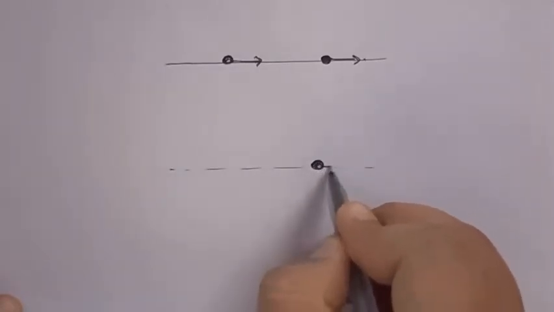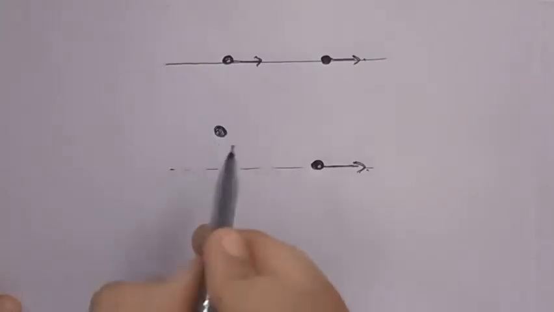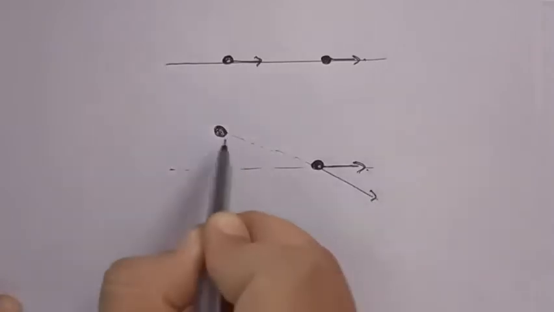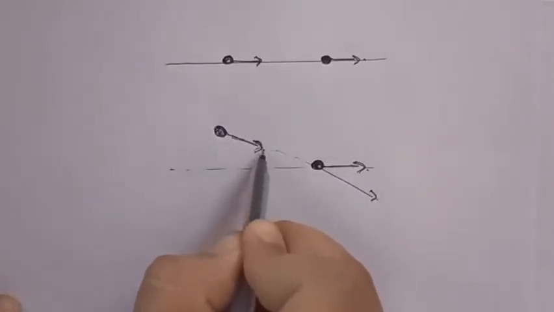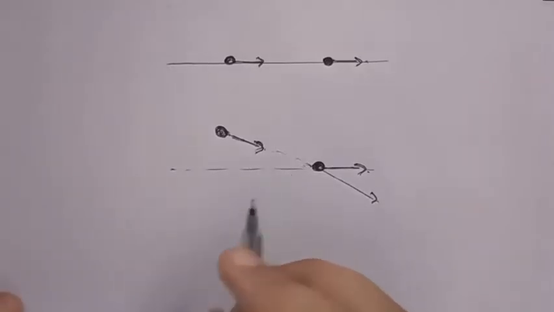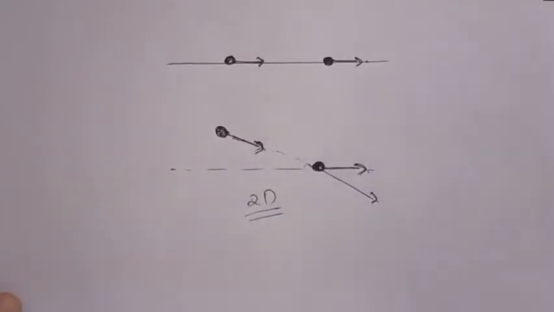Let's say this is one body, it is moving along this direction, and the other body is moving in this direction. So when these two hit, the collision is called an elastic collision in two dimensions.